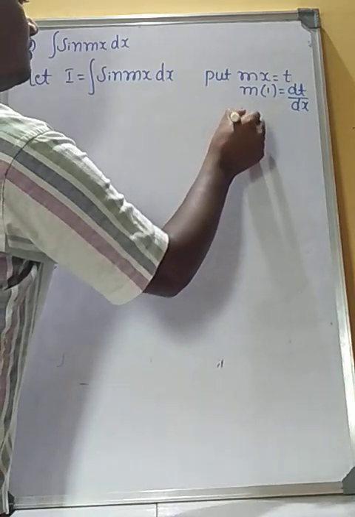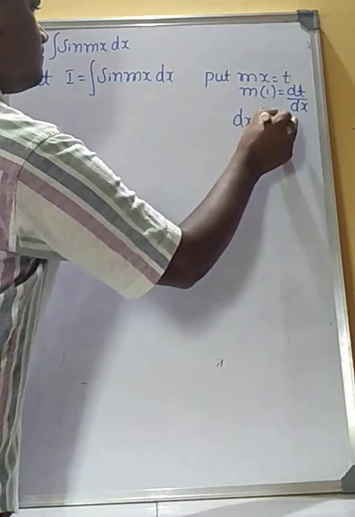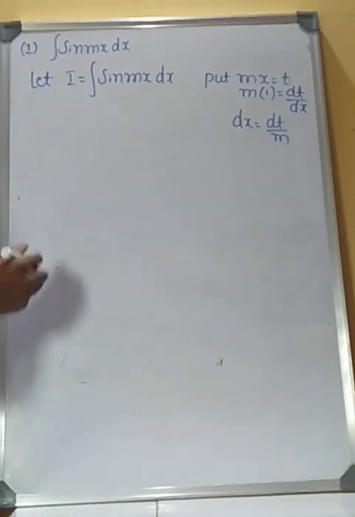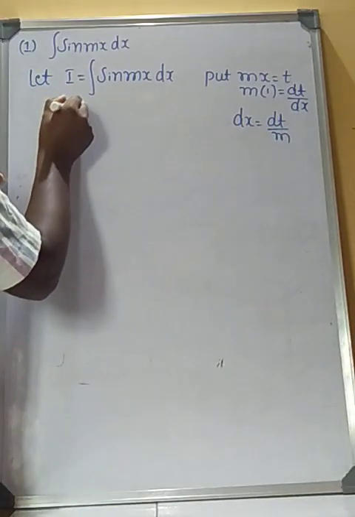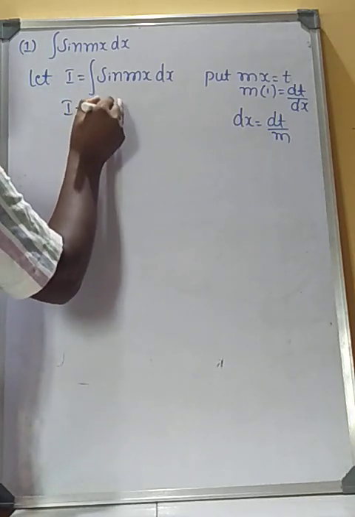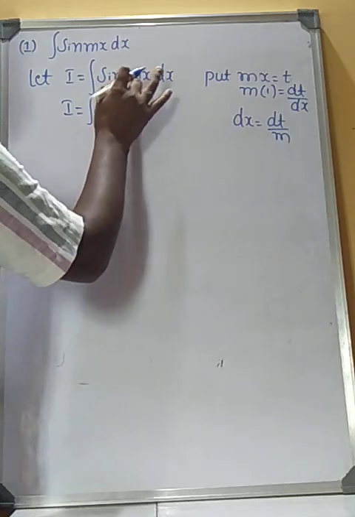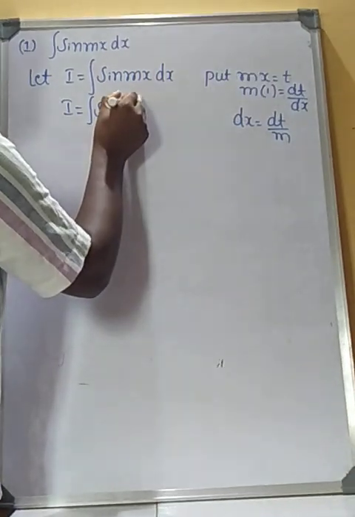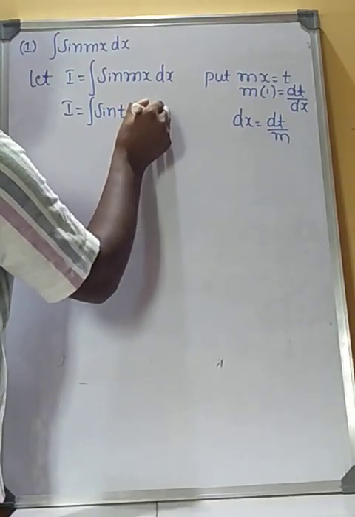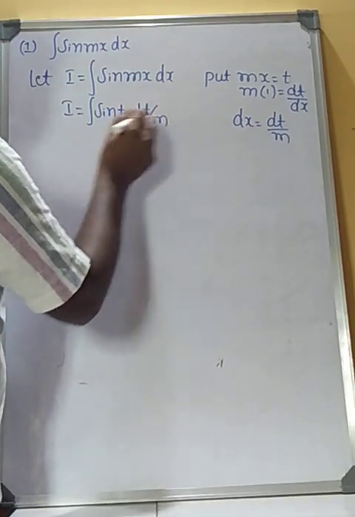Therefore, dx is equal to dt divided by m. So the given integral I is the integral of sine t, with dx equal to dt divided by m.